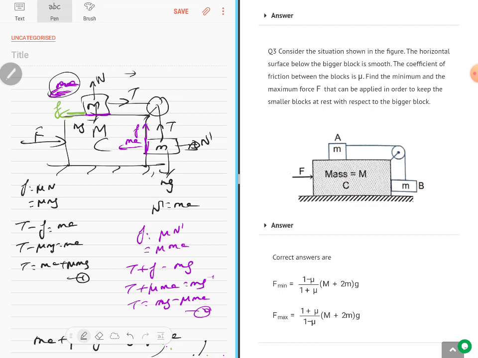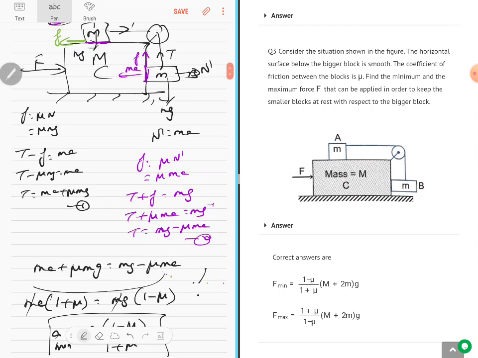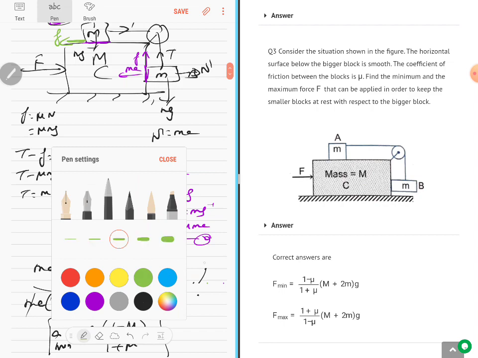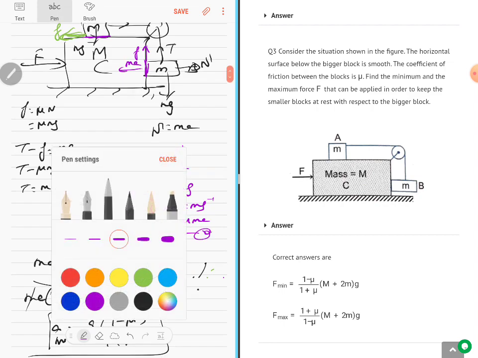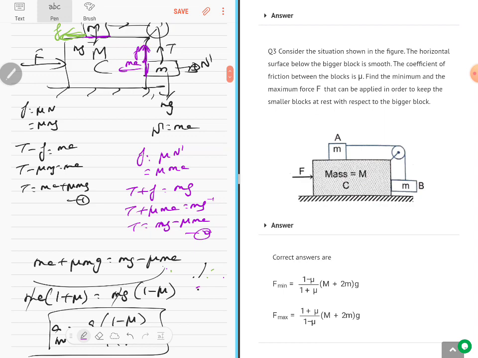So in that case, the entire friction's direction would change. The friction that are marked here in the green, which is on the left, will become to the right, and the friction here that are marked upward will become downward. So these equations which are marked with the friction are just going to change. That's all.